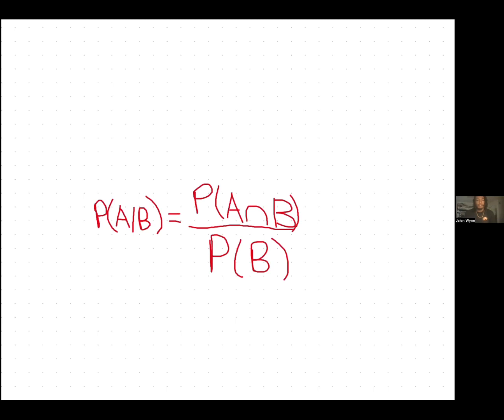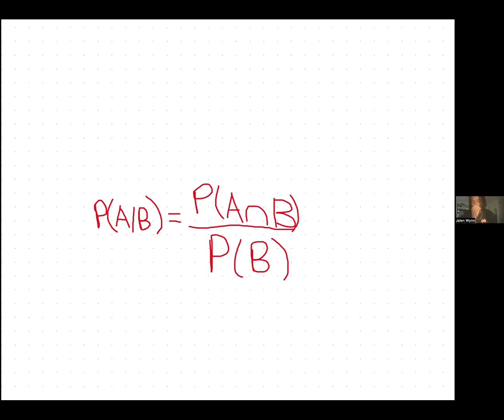On the left here, you see the formula for conditional probability with P(A|B). This means event A occurred given event B has already occurred.